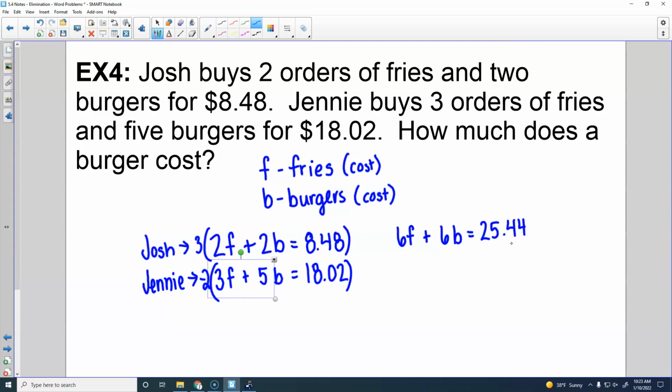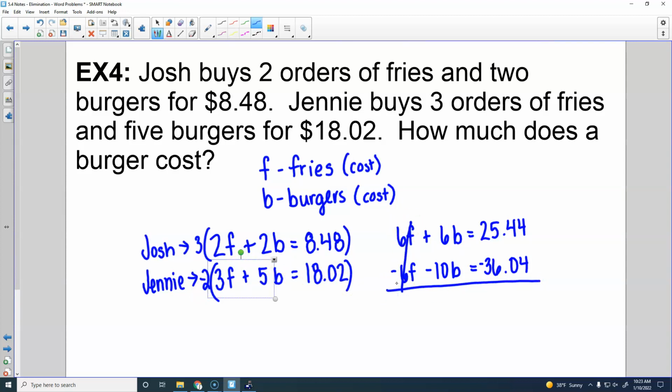And then on the bottom, I'm going to have negative 6F minus 10B equals, let's see, that's going to be negative 36.04. Okay, we all right here? Make sure when you do this, you got to multiply every number in the problem.